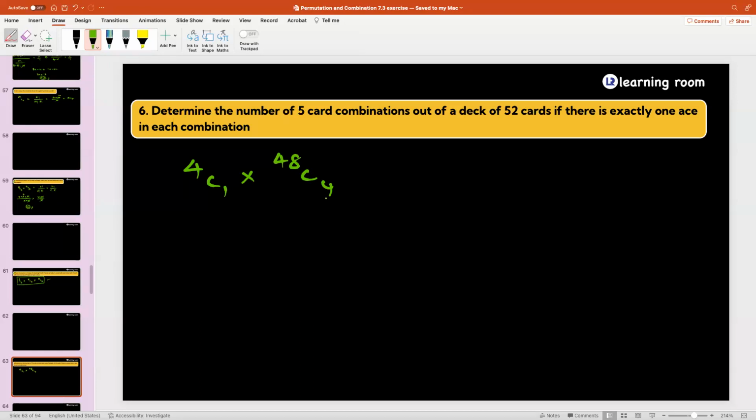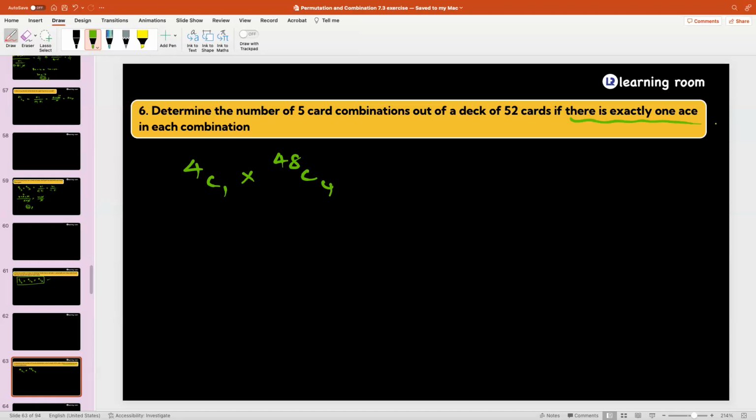We have 48C4, sir. We need to determine, for one ace card, how many combinations, and without the ace cards, how many combinations. That's not a part of our job. They've mentioned that there is exactly one ace card in each combination.